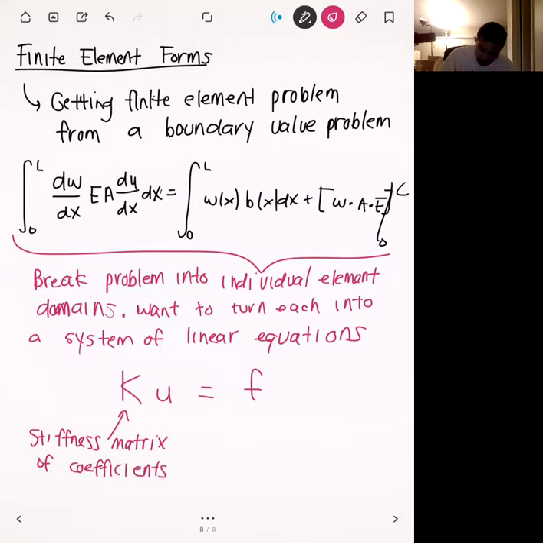F here is our right-hand side forcing vector. And so this is going to contain things like any kind of body forcing term, or any kind of loads, that traditionally goes into this forcing vector. And then U here is our solution vector.